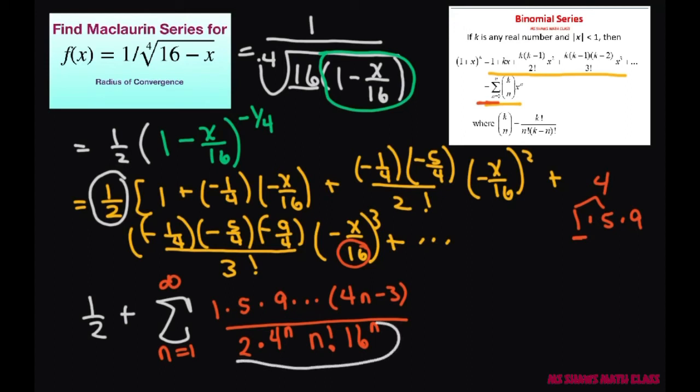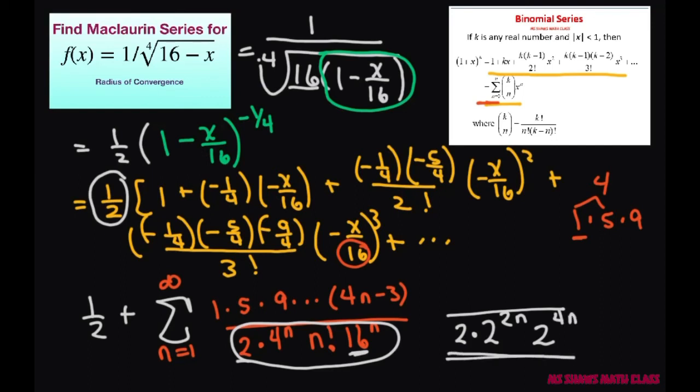So let's look at that. I'm going to rewrite it, but this is 2 times 2 squared to the nth power times, this one's going to be 2 to the 4th power times n.